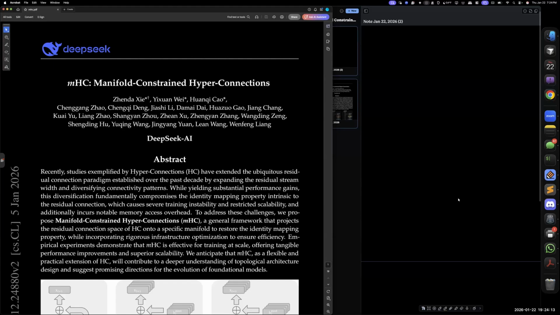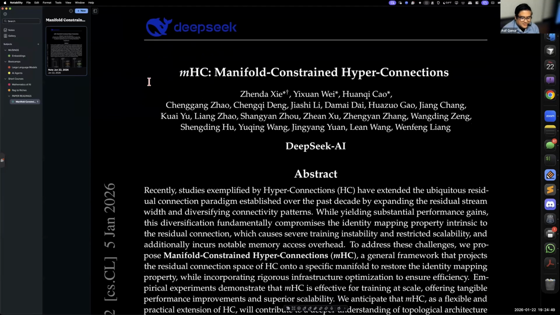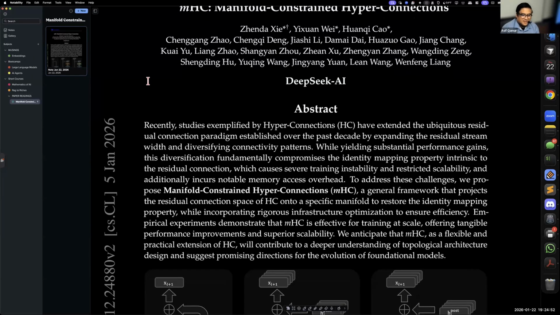So let me read through the summary of this paper. And the way I'll unpack it is using a simple physics analogy or a physics metaphor. Recent studies exemplified by hyperconnections, HC, have extended the ubiquitous residual connection paradigm. So this goes to what you asked just now.